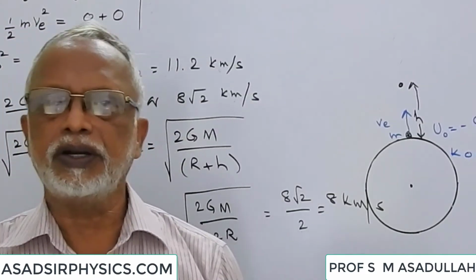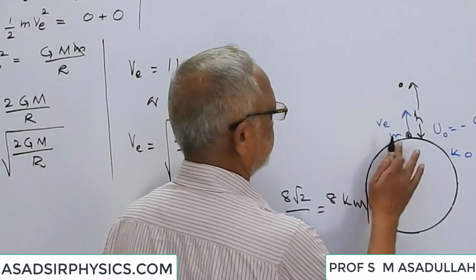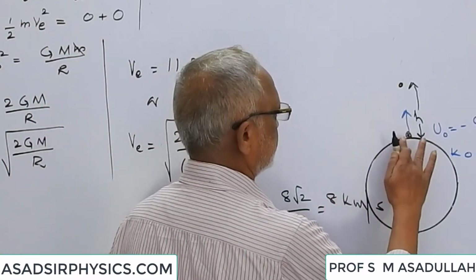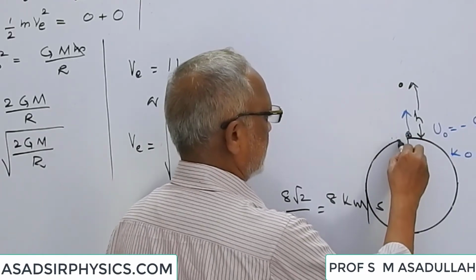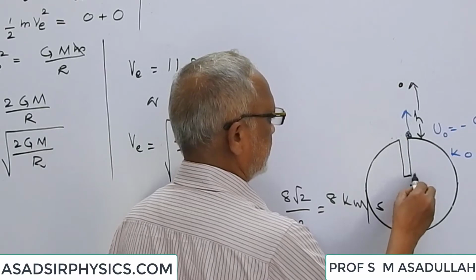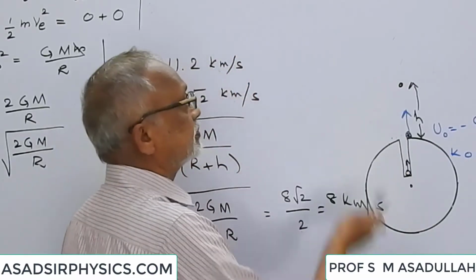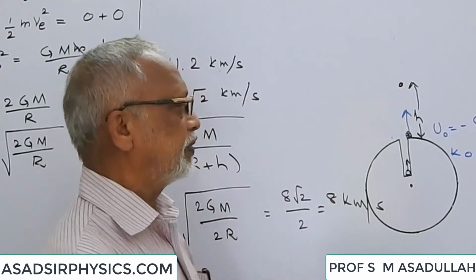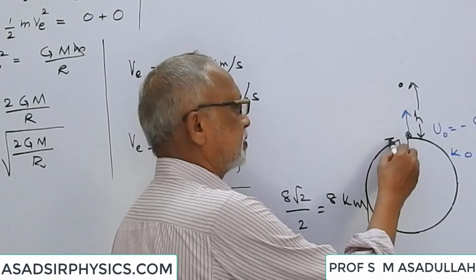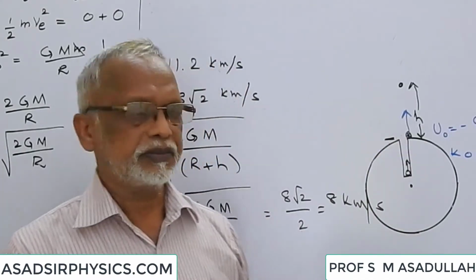If you go deeper into the earth, suppose we have dug a tunnel, we are inside a mine or a well. From here we want to project a body up such that it escapes. From the surface of the earth, the value is 11.2 kilometers per second.